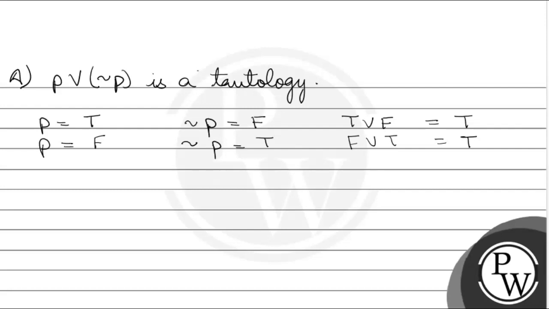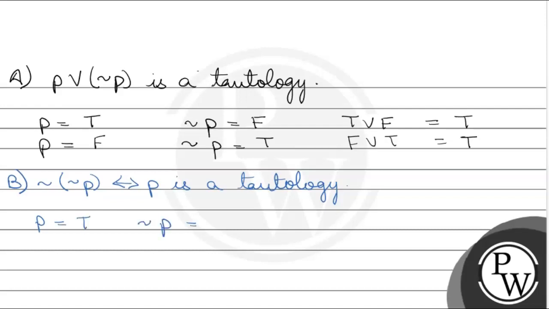Now let us check option B. Option B says that negation of P is equivalent to P is a tautology. Now let us check whether this statement is true or not. Let us consider first that P is true. So negation of P will be false.